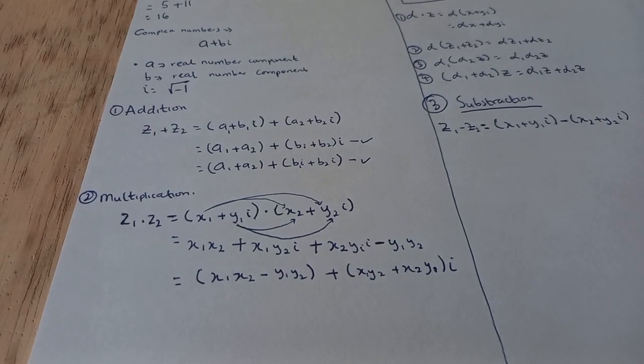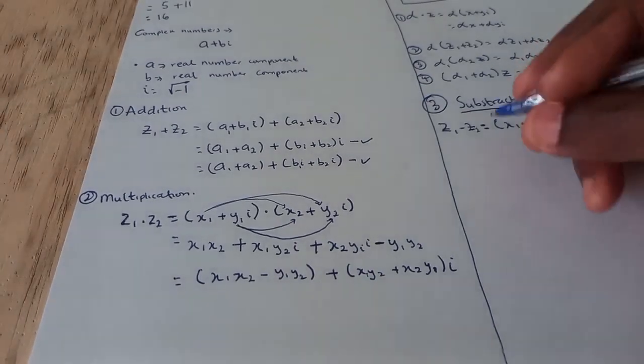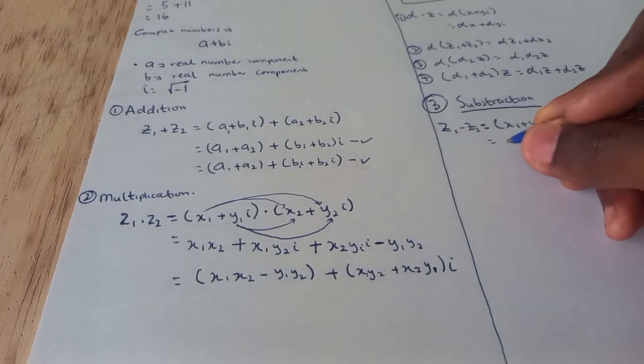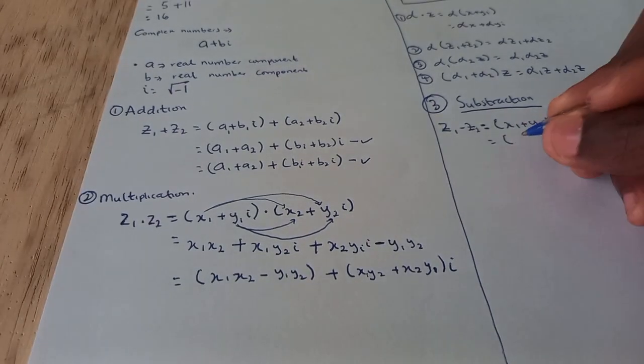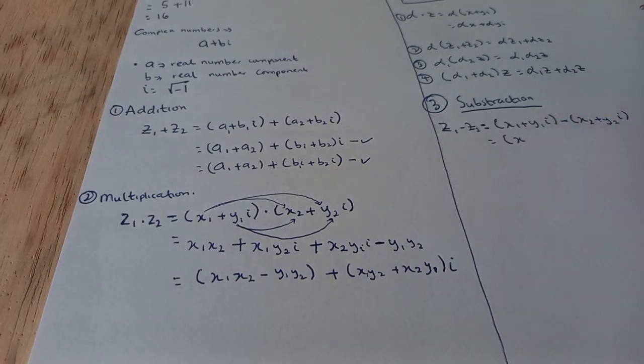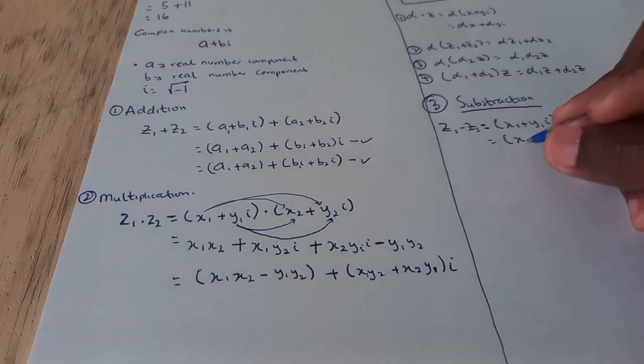Someone will ask, why won't we go to numbers? You will come to the numbers very soon. So we have this to be, like the addition, real minus real, and imaginary minus imaginary. You're not multiplying, but you're sorting them out.